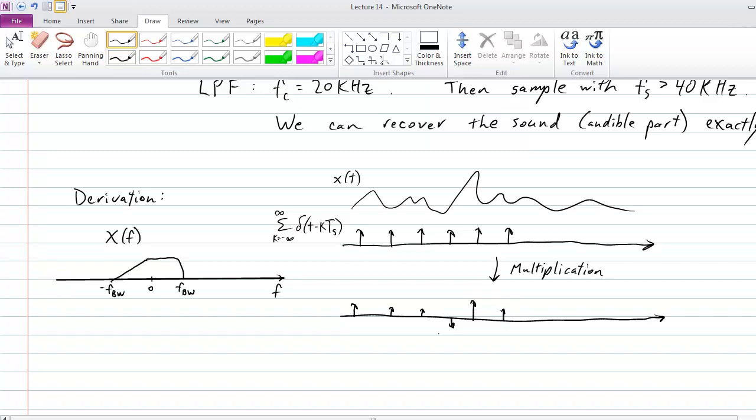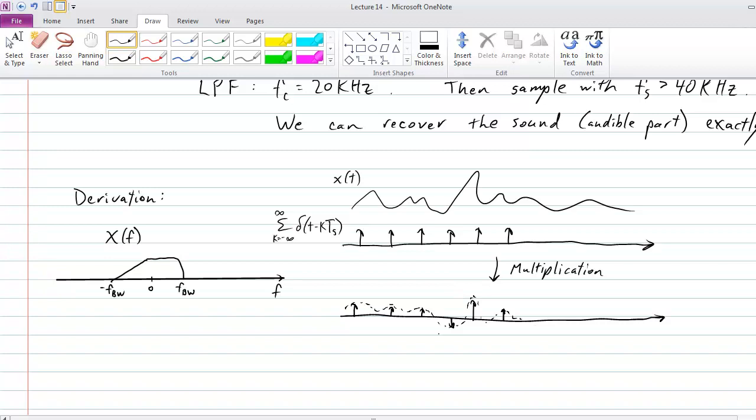So we're going to get samples where this was the signal itself. Okay, so this is what happens when we do that multiplication. And this is exactly the continuous time representation of our discrete time signal we get after sampling. Okay, so this is a valid way to think about sampling.